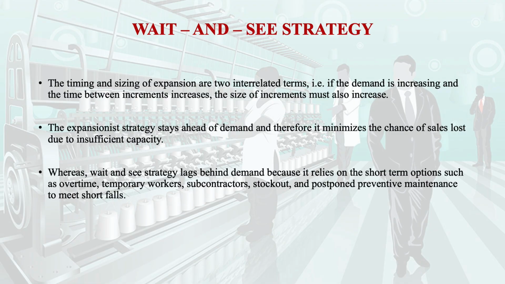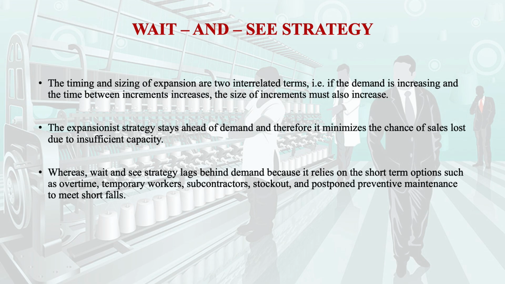One should not have a stock out type of situation. The wait and see strategy lags behind the demand because it relies on short-term options such as overtime, temporary workers, subcontractors, stock out, and postponed preventive maintenance to meet such shortfalls.